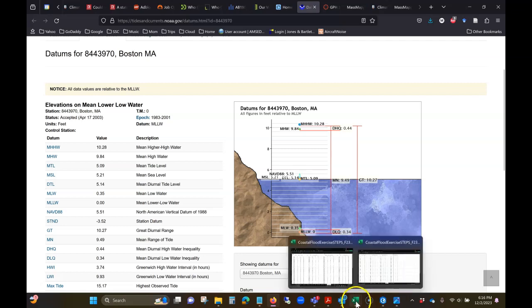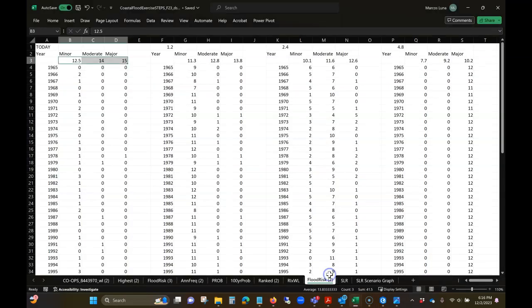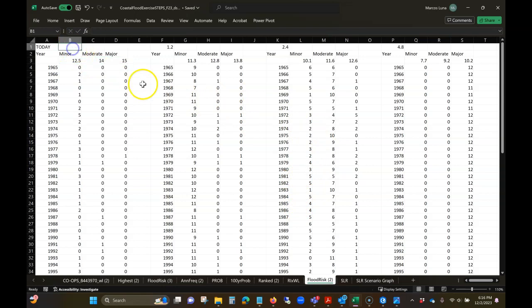Well, if we go back to our modeling here, one thing we could do is see what that looks like if we took the minor flood height, for example. Right now, the water has to rise 12.5 feet above mean lower low water to cause a minor flood. But if we're starting from NAVD88, we're starting at a higher point, so the water doesn't rise as high.